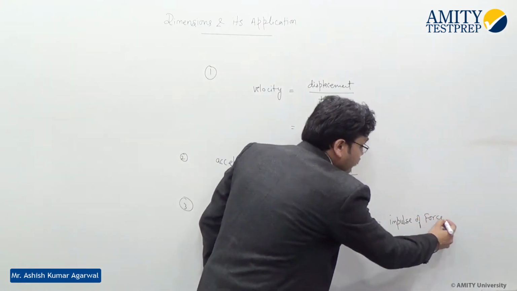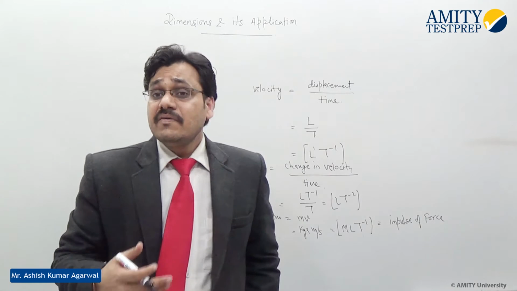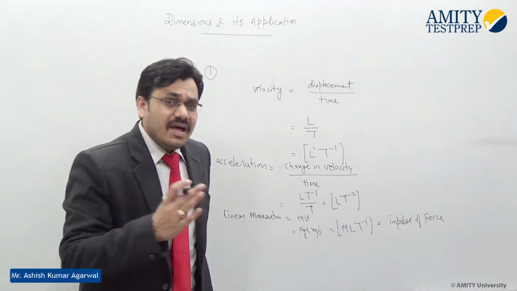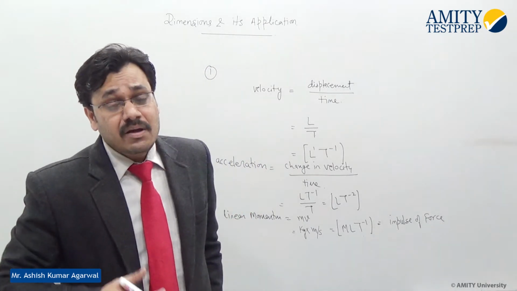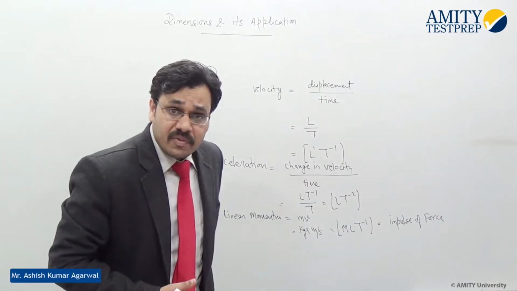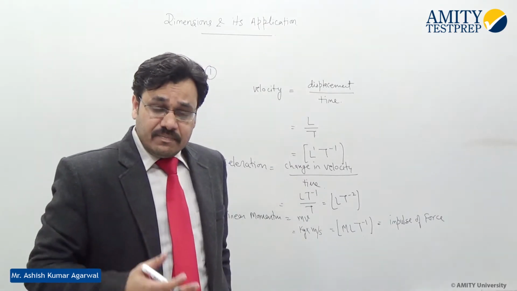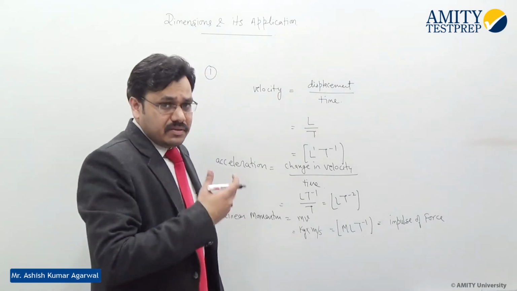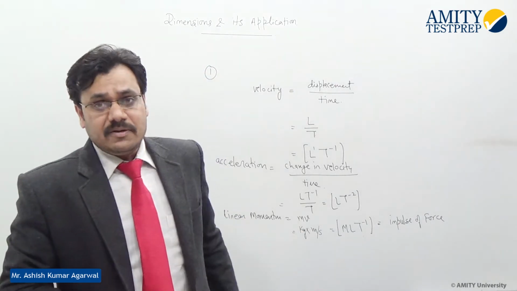So you can see different physical quantities can have the same dimension formula. Their formulas may or may not be the same, but they may have the same dimensional formula.